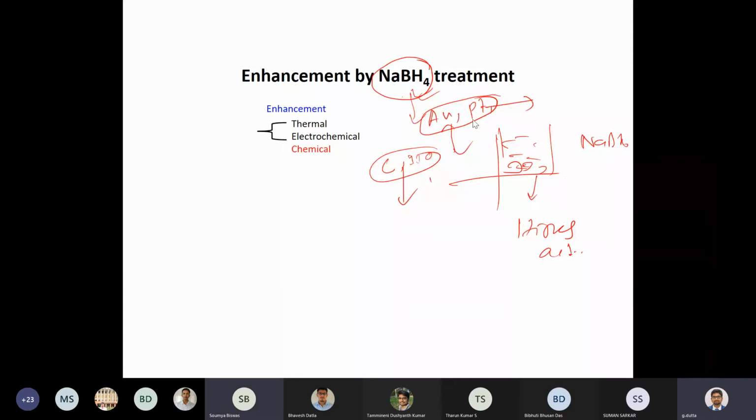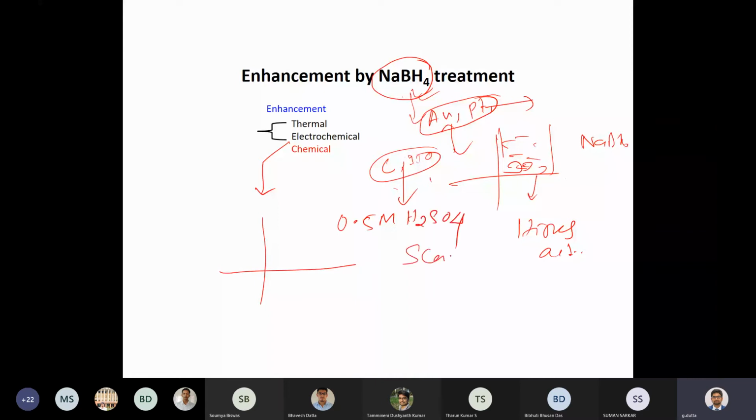Electrochemical once more, please. Oh, the electrochemical thing. Electrochemical means you have to clean the surface in, as I said, 0.5 molar sulfuric acid solution.